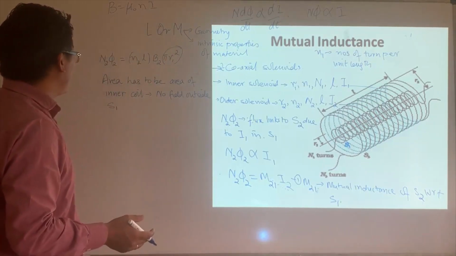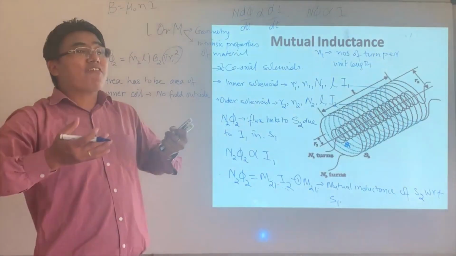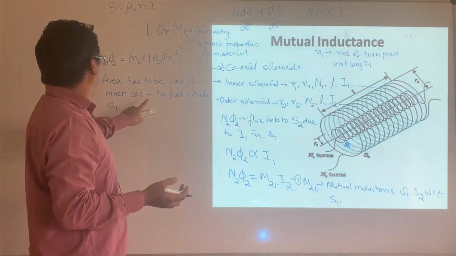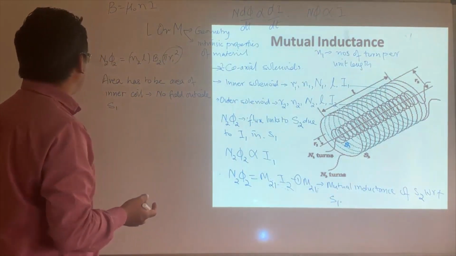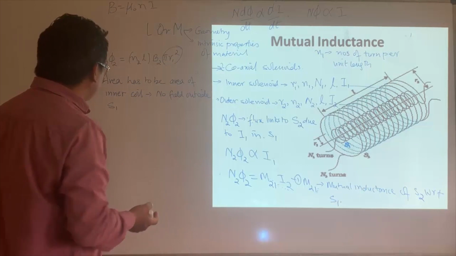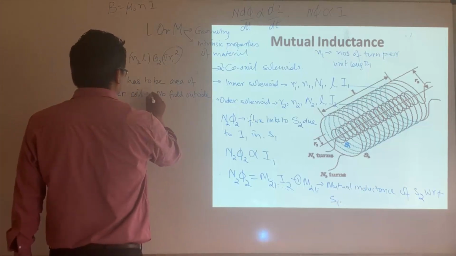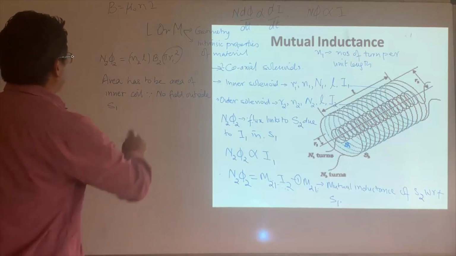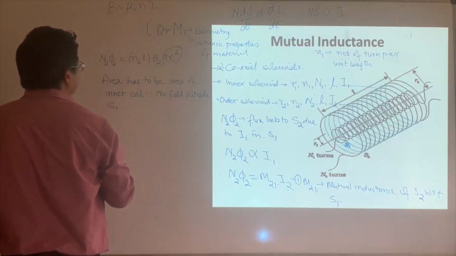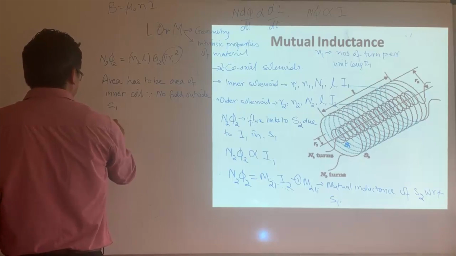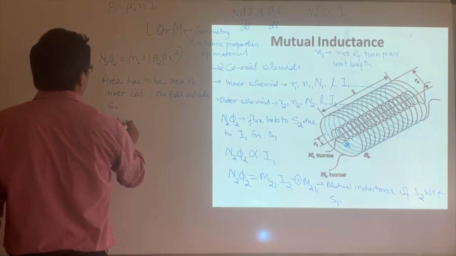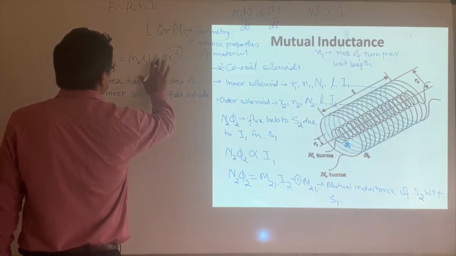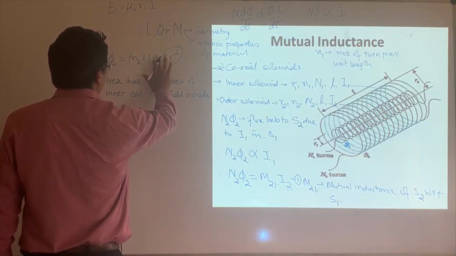So the effective area which has magnetic field is going to be area number 1. Area has to be the area of the inner coil, because there is no field outside S1. So therefore, I take this. Now N2, L1, and this has to be 1.